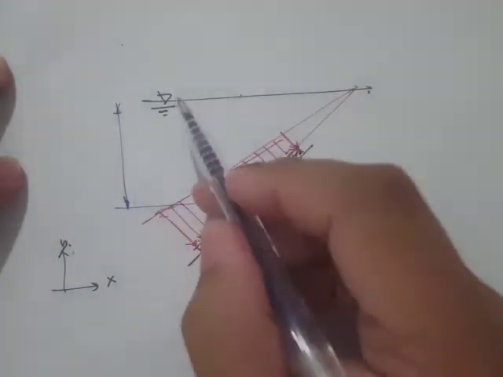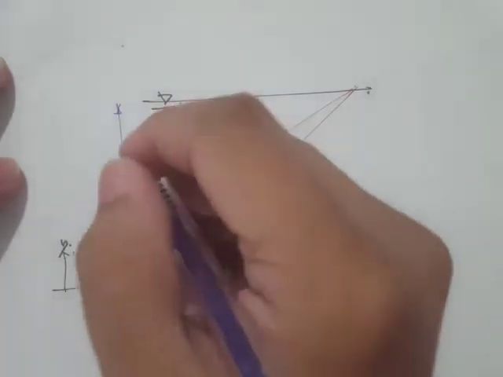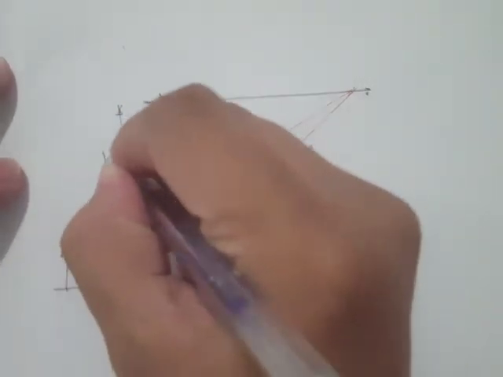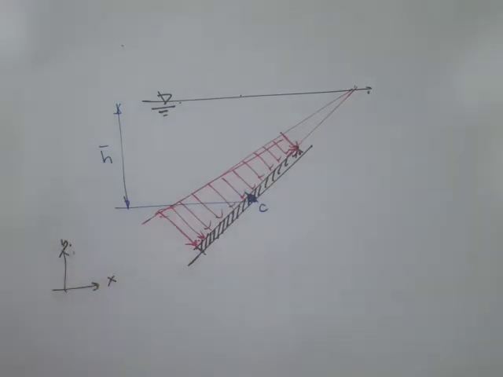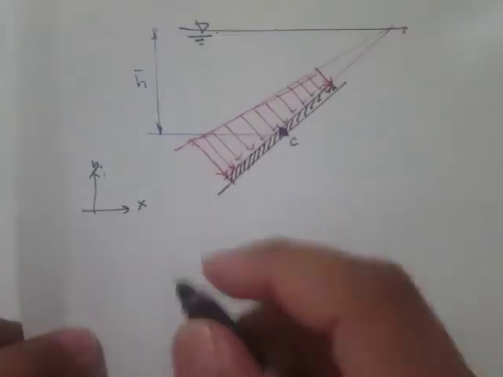Okay, so the distance from the free surface to the centroid is what we label as h bar. Okay, so let's write it here.